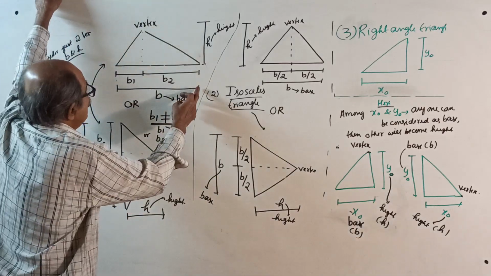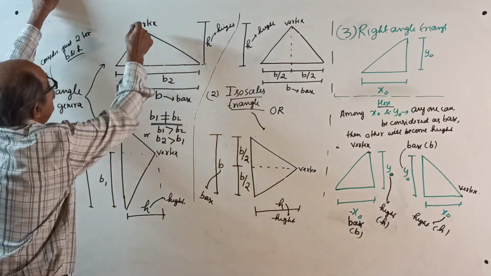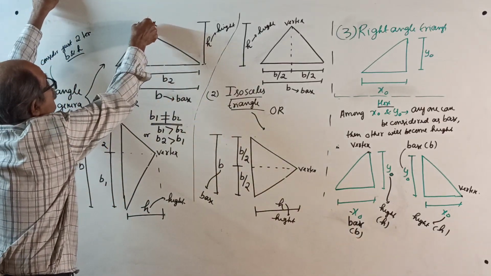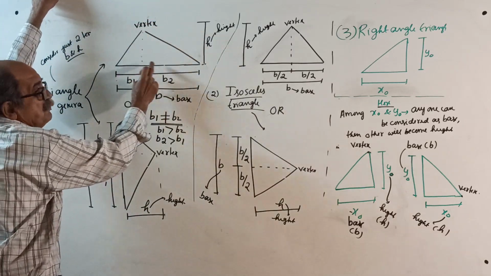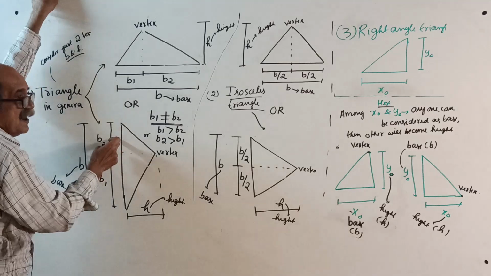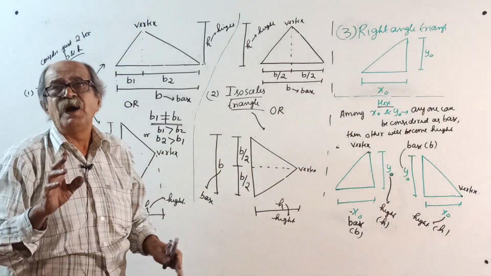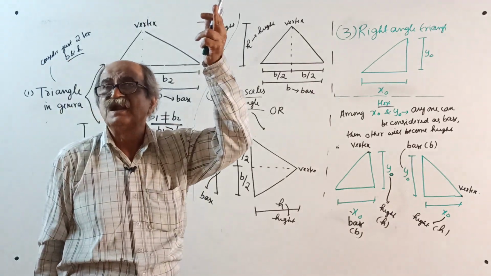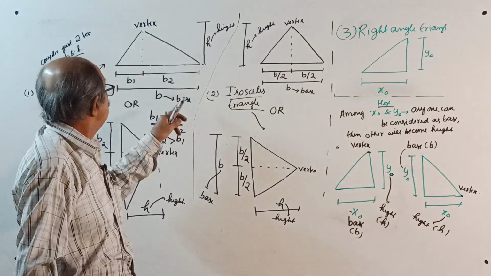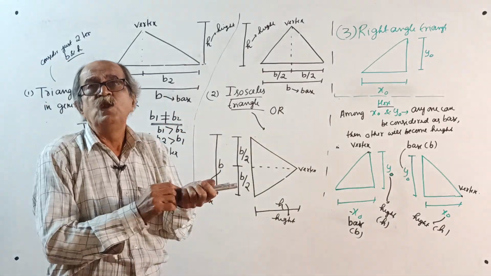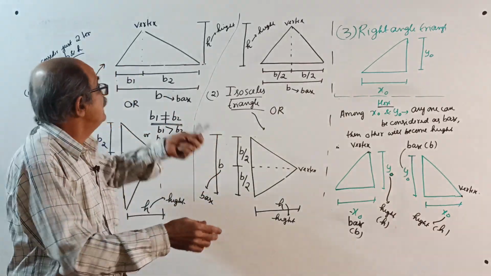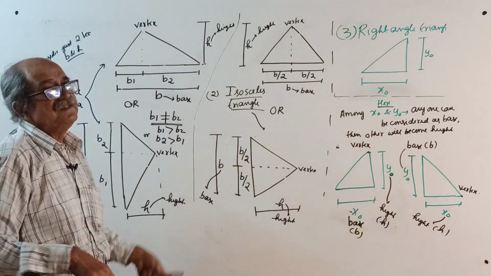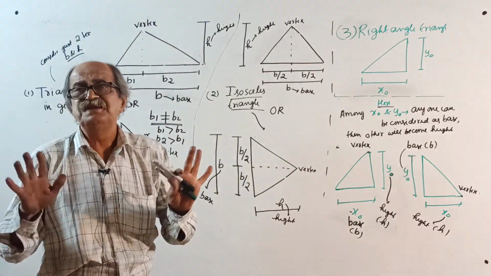What to do is, along the base, from the vertex, if you draw a perpendicular here, the base is split into 2 parts. One part is B1, the other is B2. Little later, for structural engineering, instead of B, I call it loaded length L, then I will call these A and B. I will explain that in structural engineering.